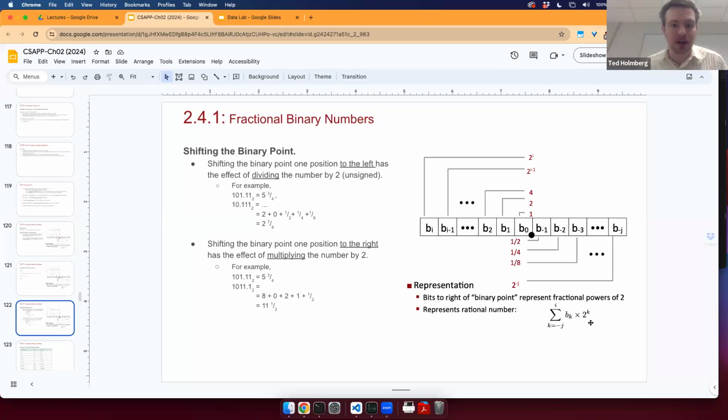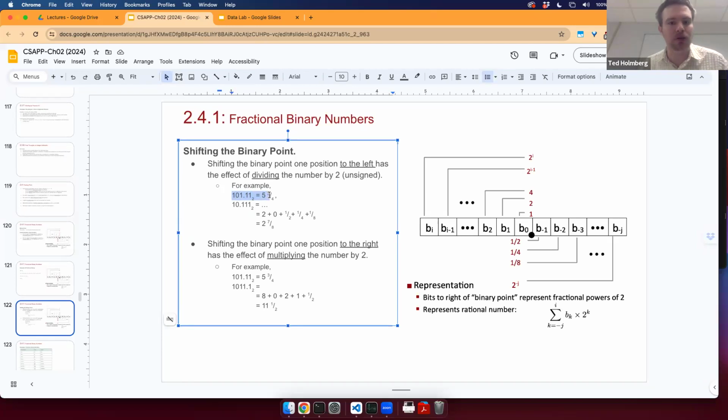So again, if we want to prove this conceptually, let's look at this example. We saw that 101.11 translated into 5 3/4.